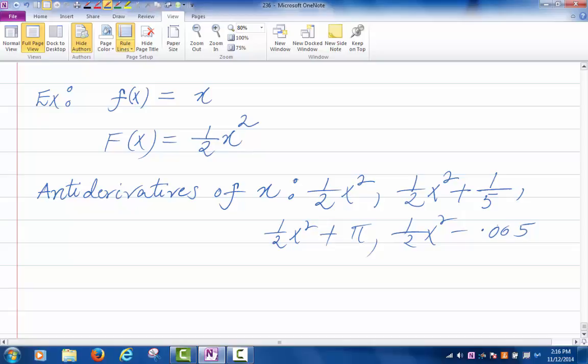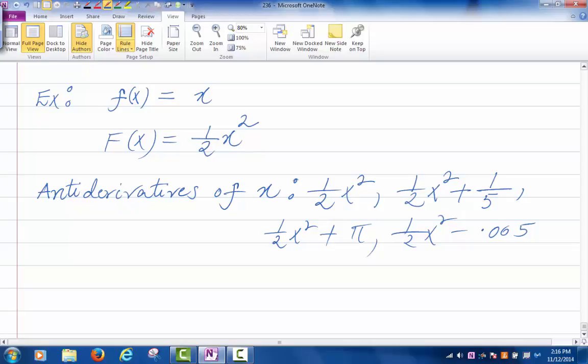But let me ask you this. If I give you one antiderivative of x, can you then tell me how the others look like? Yeah, because if I give you one of the antiderivatives, like half of x squared, you can tell me that every other one looks like half of x squared plus a constant, right?